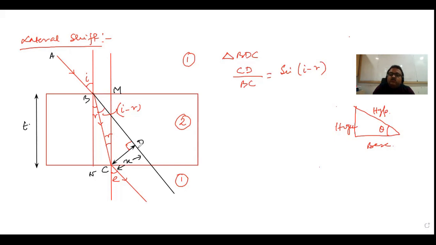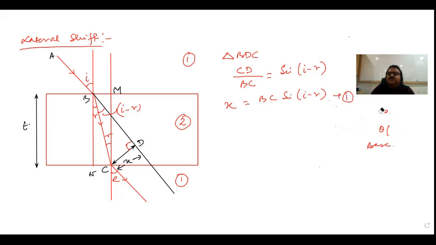Now we know CD. Let's write it X because we took this X, and this should be BC sine of I minus R. Okay, let's make it equation 1.